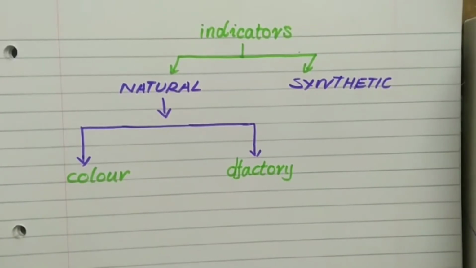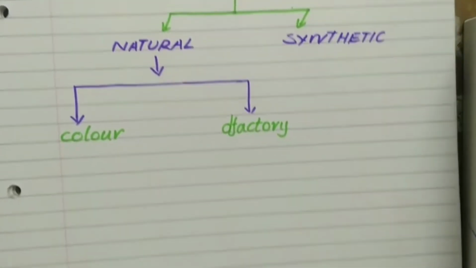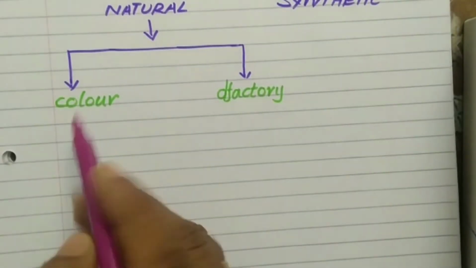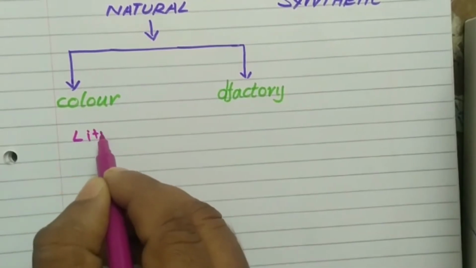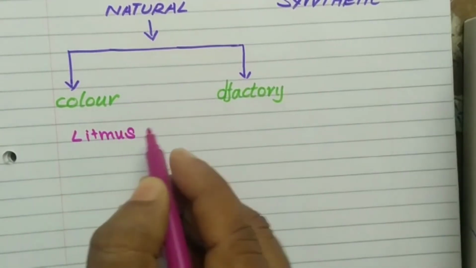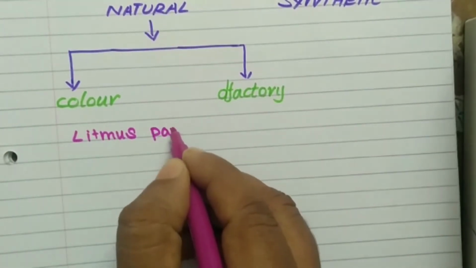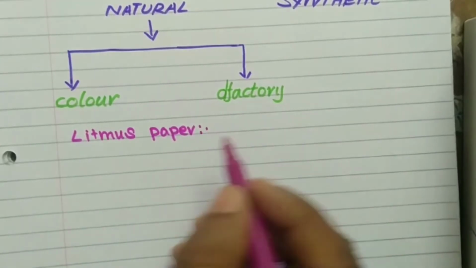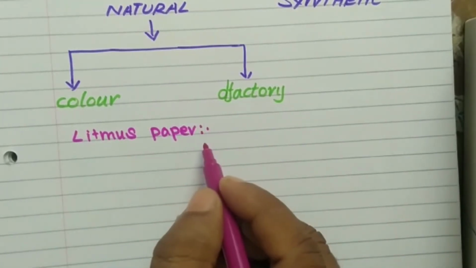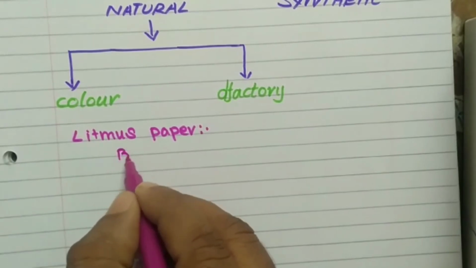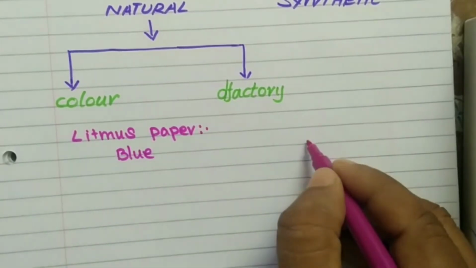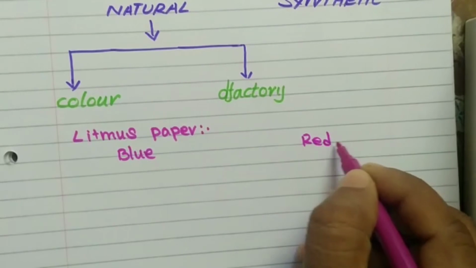It is also easy to identify substances by color. For example, litmus paper, which is available in the laboratory. Mainly two colors are available: blue litmus paper and red litmus paper.